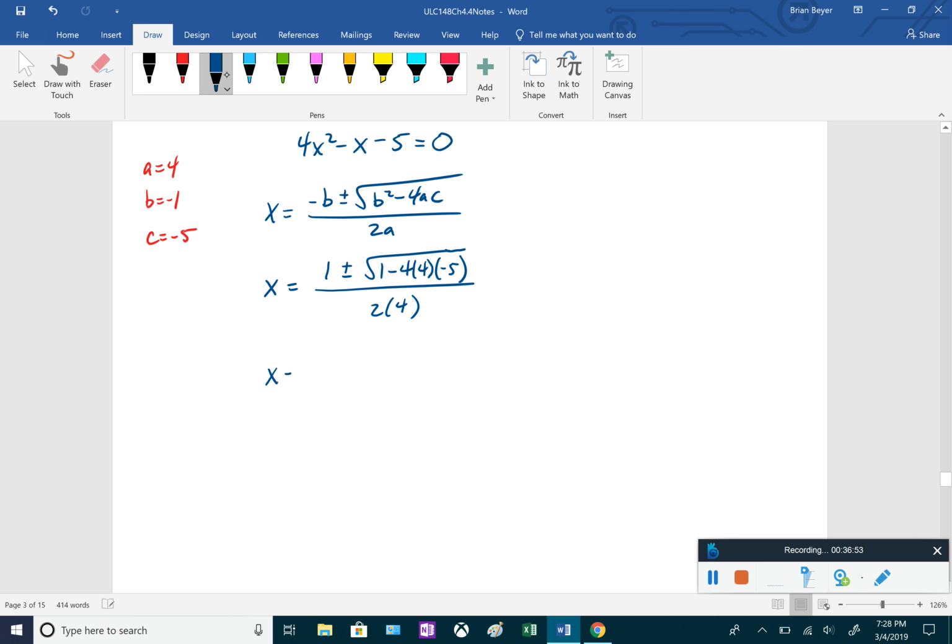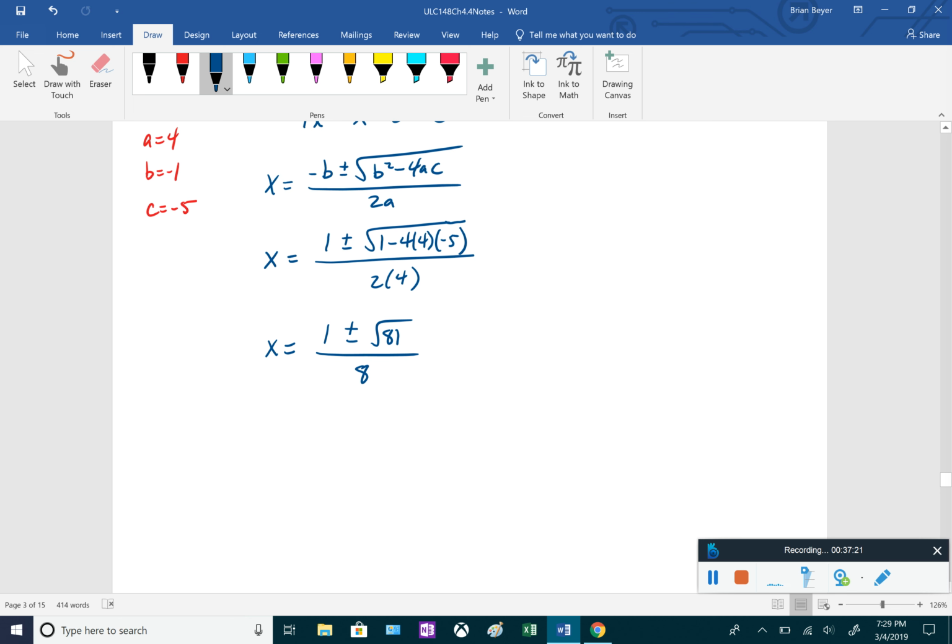Okay, so now we have to simplify. It's going to be x equals 1 plus or minus, in the radicand here, it's going to be 1 minus 16 times 5, 16 times negative 5 rather. It ends up being positive 81 in there. So always just make sure you're careful with the negatives. We're subtracting a negative, so it's positive. So it's 1 plus or minus the square root of 81 over 8.